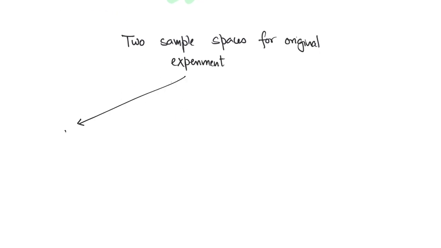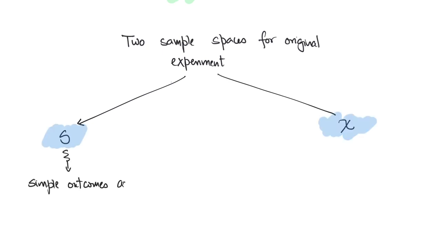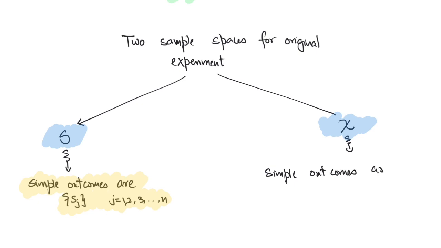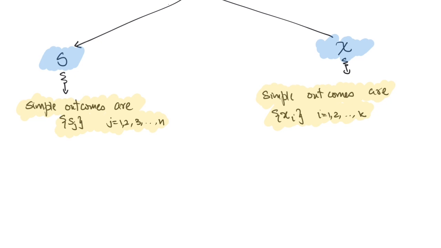Now, the two sample spaces for the original experiment are script S, which has simple outcomes given by the s_j, where j goes from 1 through n. On the other hand, script X has simple outcomes of the form x_i, where i goes from 1 through k. A simple outcome for the sample space script X is given by X equals x_i, which is the set of all simple outcomes s in script S such that X of s equals x_i.